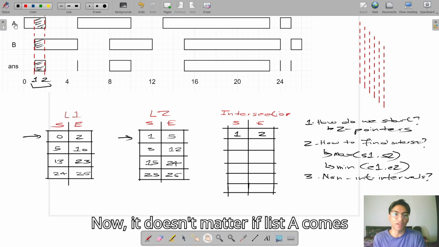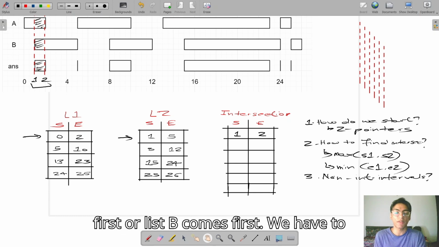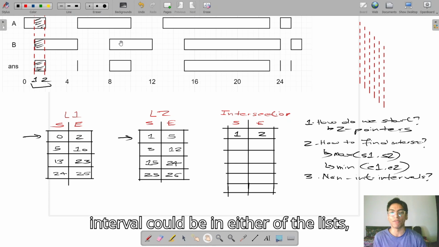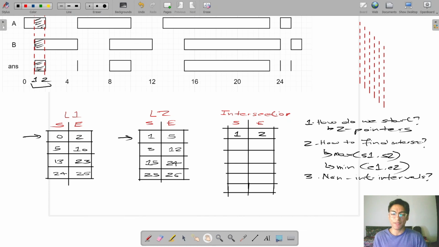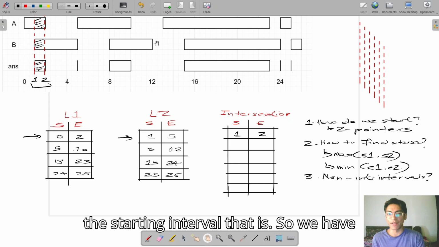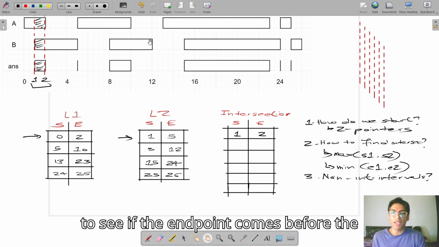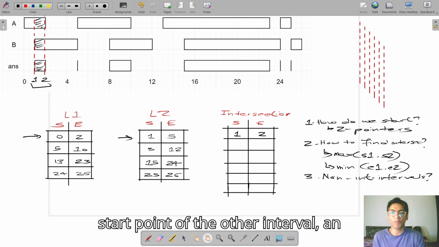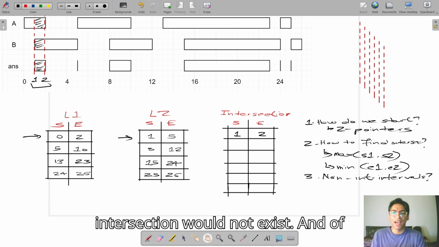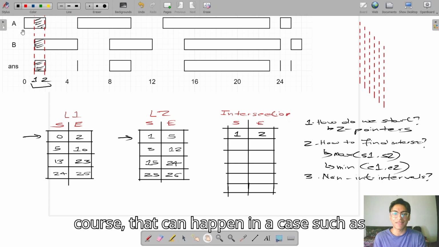It doesn't matter if list A comes first or list B comes first. We have to handle both cases, right? Because the interval could be in either of the lists, the starting interval, that is. So we have to see if the endpoint comes before the start point of the other interval. And of course, that can happen in a case such as this.